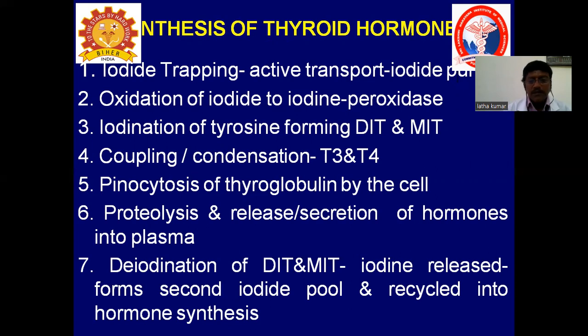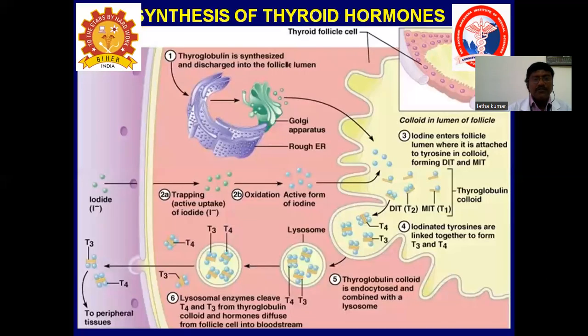After this, deiodination of the monoiodotyrosine and diiodotyrosine releases iodine, which forms the second iodide pool and is recycled into thyroid hormone synthesis.